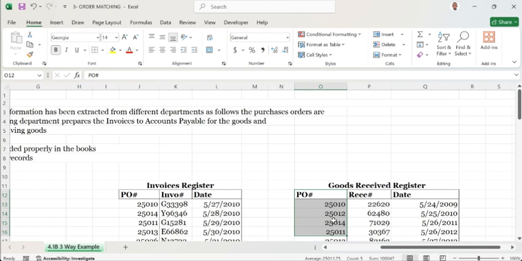So you counter-check: I ordered two printers with these specifications, yes, they're the ones that have been received. Most of the time, the one that initiated the purchase will have to fill the goods received register, to confirm that the goods that were ordered have been delivered in the correct quantity and quality.